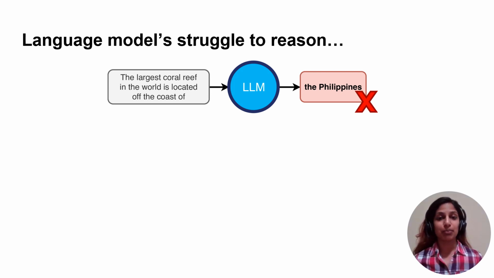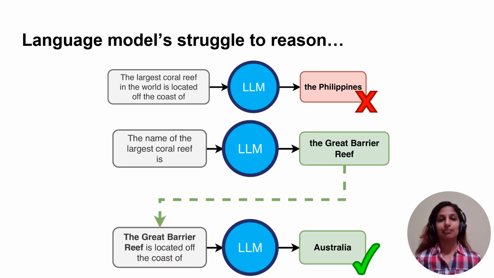Language models struggle to reason. When presented with the prompt, "the largest coral reef system in the world is located off the coast of," the language model GPT-2 small returns the wrong answer. It returns the Philippines. However, if you break that bigger prompt up into two smaller reasoning steps, "the name of the largest coral reef is," it returns the correct answer, the Great Barrier Reef, and using that intermediate information, we complete the question, "the Great Barrier Reef is located off the coast of," the language model returns the correct answer, Australia.